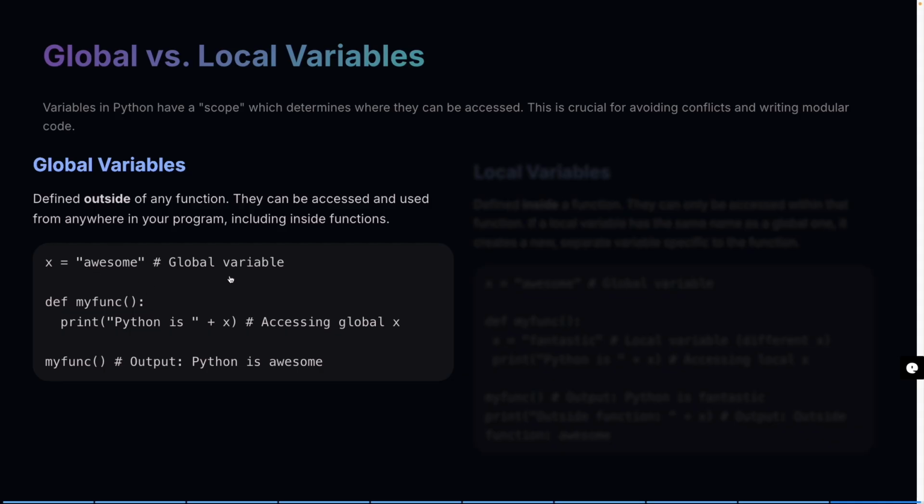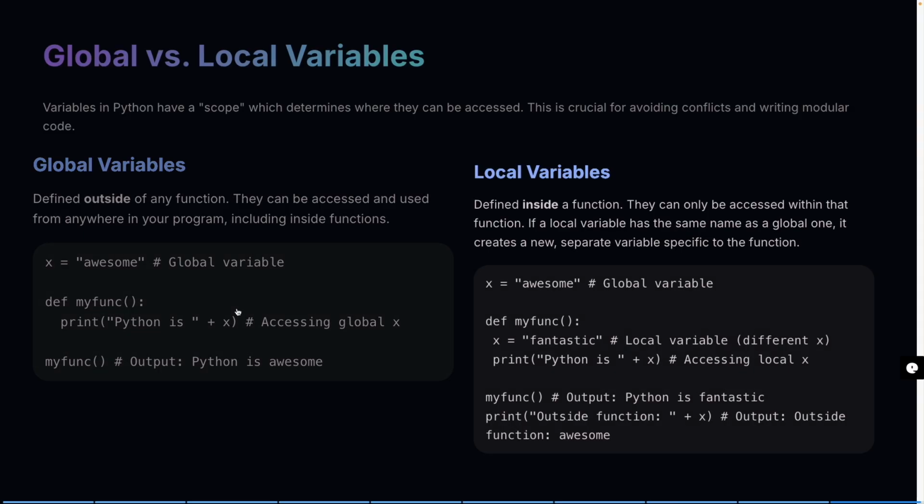This is a global variable because it is outside of the function. This is our function, and this is inside the function. When we call the function, we will get the output: Python is awesome.